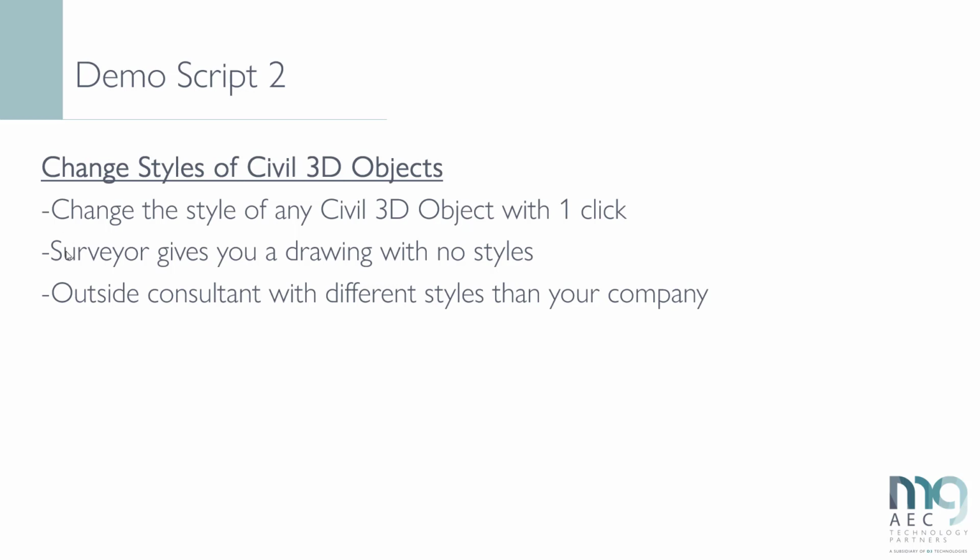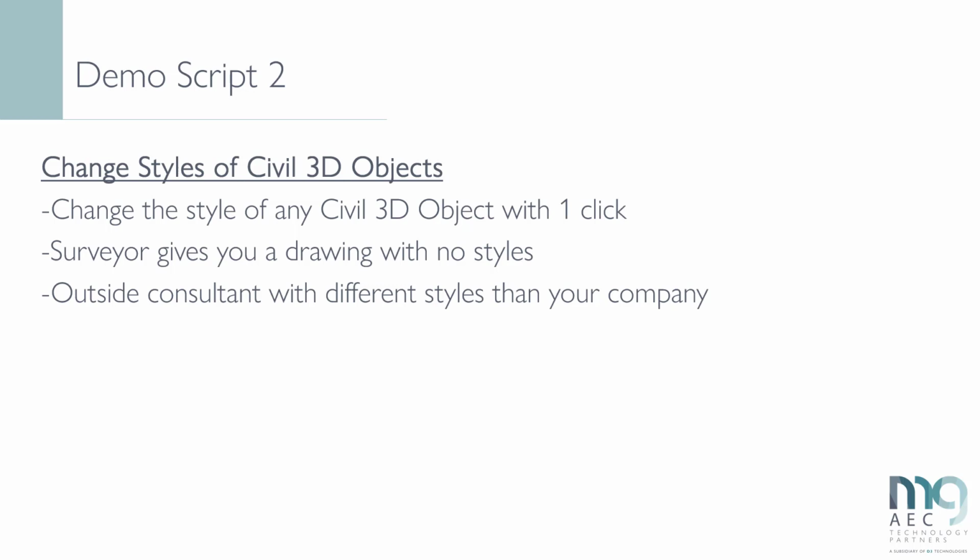This could be when our good old surveyor gives us a drawing with everything in standard style, or an outside consultant uses different styles than your company. This could be pipe network styles, profile view styles, alignment styles, surface styles. Anything that comes in, instead of fiddling with each of those styles, we can change them all in one shot with Dynamo.